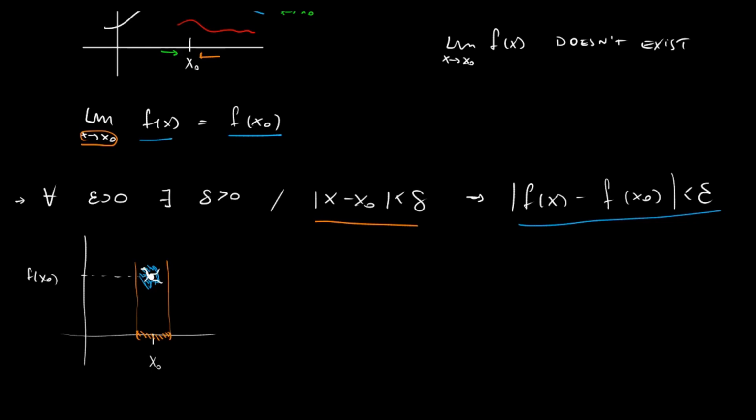Let's continue with an example. Let's say we're given the function f of x that will be defined by parts. It's going to be x squared if x is different to 2, and 5 if x is equal to 2. Let's first draw the function.